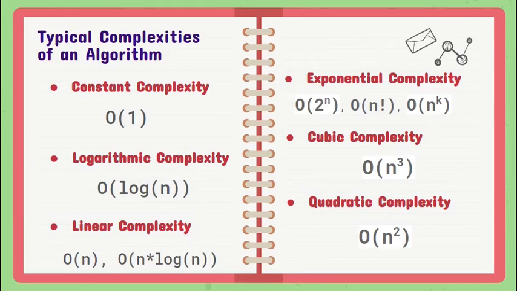So for example, if n is equal to 10, then the exponential function 2 to the n will result in 1024 operations. So that's it about the quadratic, exponential, cubic, constant, and logarithmic linear complexity.